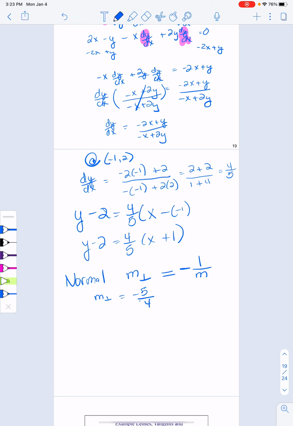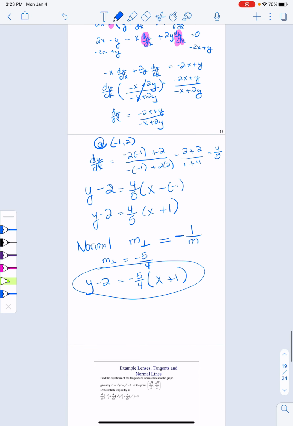The rest of it is the same: y minus 2 is equal to negative 5/4 times x plus 1. And that is going to be the normal line at that same point. You can put it in Desmos and see that same thing.